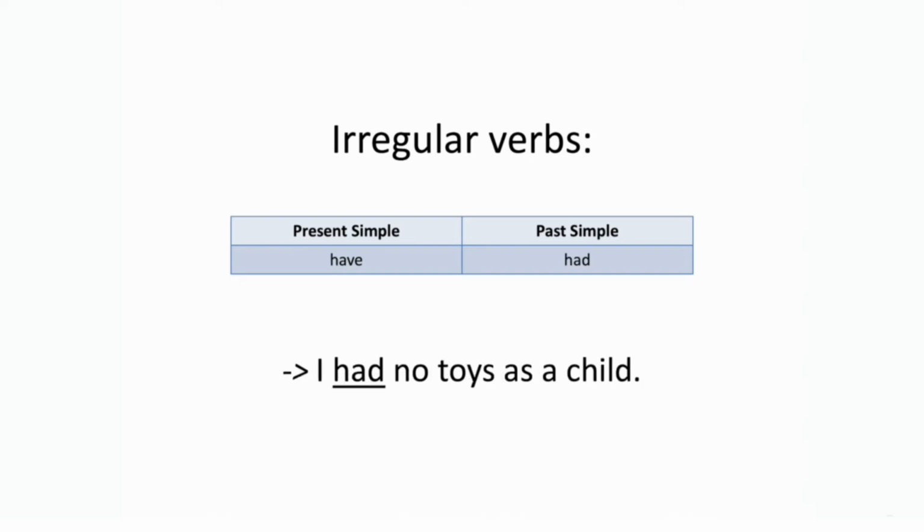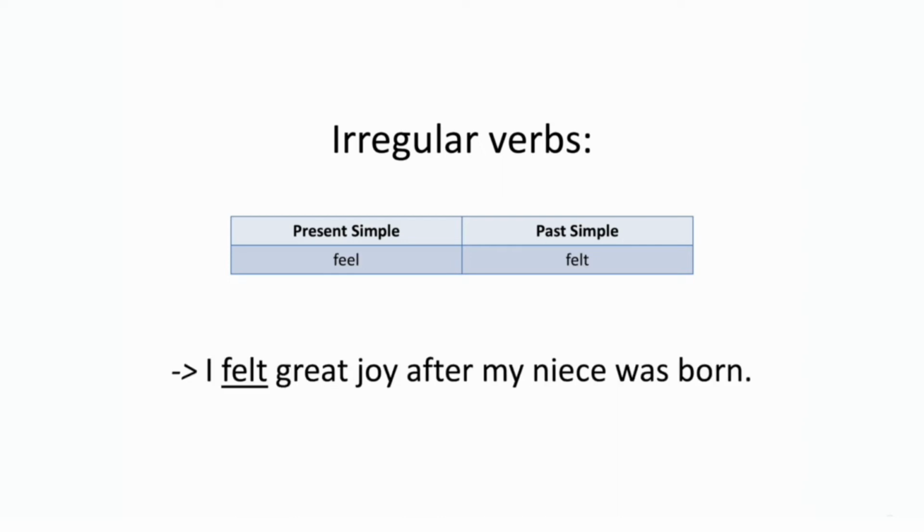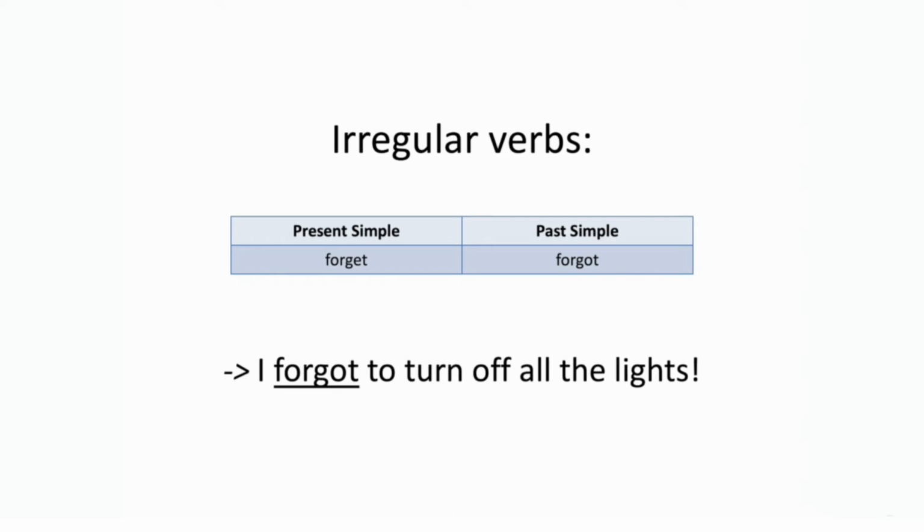Have, had. I had no toys as a child. Feel, felt. I felt great joy after my niece was born. Forget, forgot.